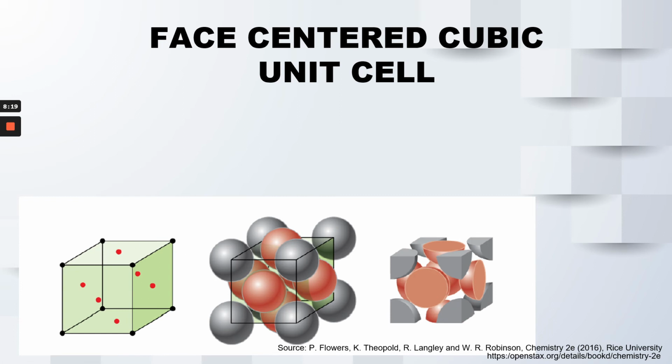But in the face-centered cubic unit cell, we have an additional atom on each of the 6 faces of the cubic unit cell. In the cubic unit cell, we have 6 faces: 1, 2, 3, 4, 5, the upper one and the lower one. So we have 6 faces in total.